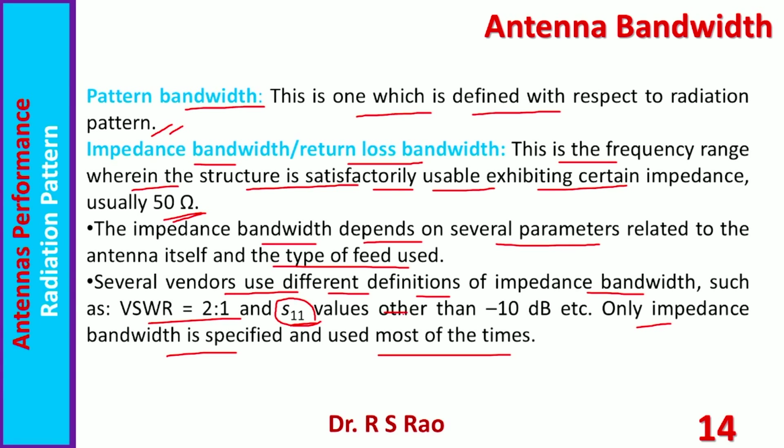Here S11 should be lesser than minus 10 dB. S11 represents the reflection coefficient, a value related to reflection, representing the amount of mismatch. Mismatch should not be more than minus 10 dB of S11.